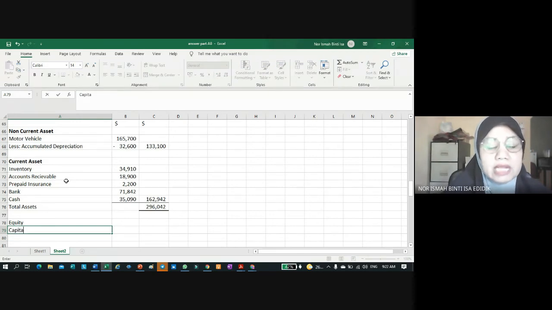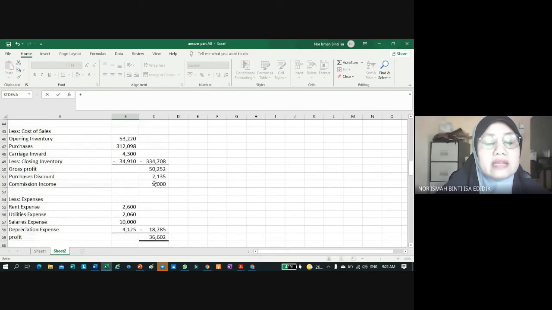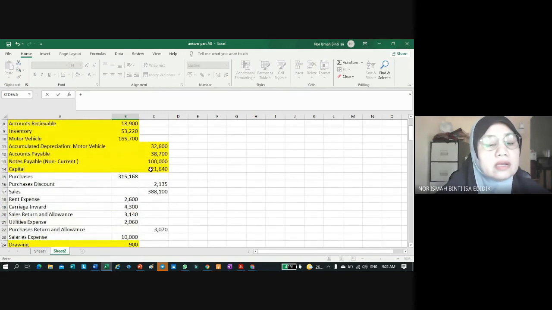Ini adalah opening capital actually. This is opening. Opening will appear in trial balance. Equity mesti duduk belah credit side ya. So mana dia? This one ya.